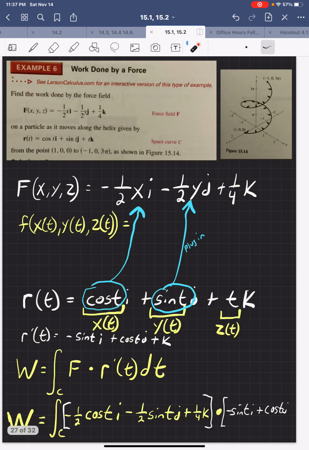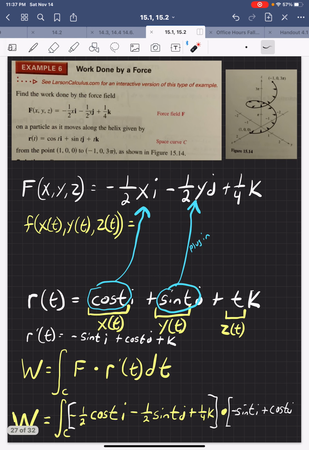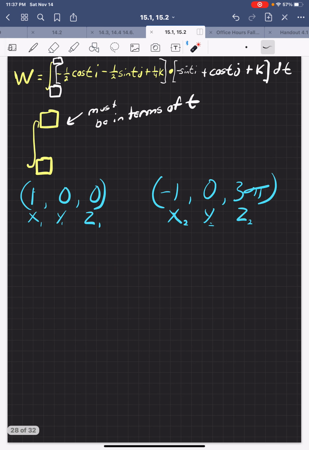So recall that x of t was cosine of t, y of t was sine of t. But recall that z of t is equal to t. All right, so recall that z of t is equal to t.